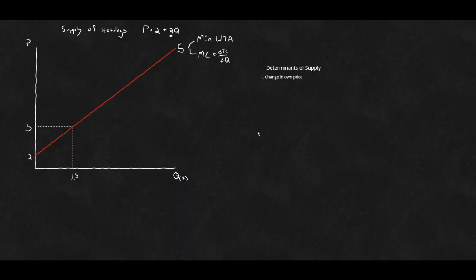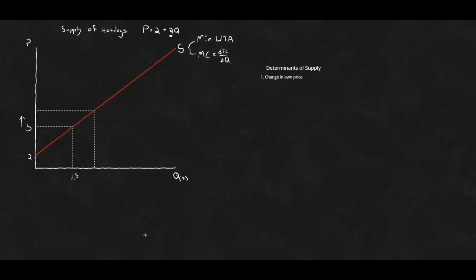So if we have a change in the price of hot dogs such that hot dogs go up in value, up in cost, up in price, well, the result of that is just simply a change in our quantity supplied. Just because the price of hot dogs goes up, just because we are able to sell hot dogs for more money, does not mean that our supply of hot dogs increases.